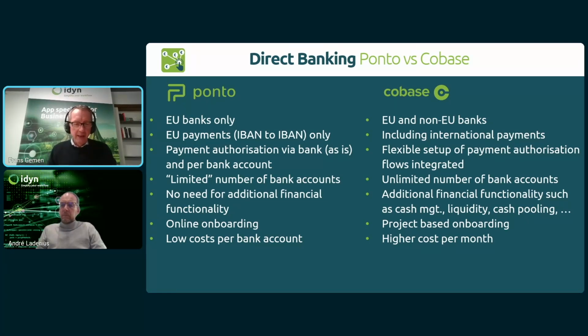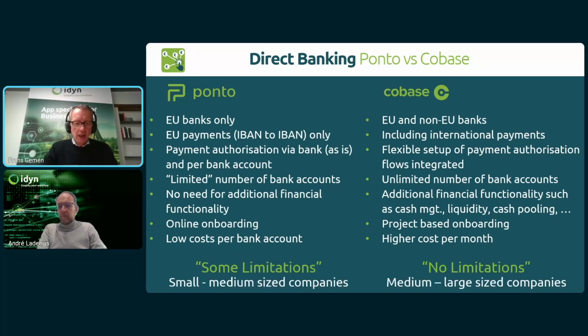From a direct banking perspective, so if you look at Business Central process, there's not a big difference for the user if you use Ponto or you're linked to the Cobase platform. So summarized, Ponto has some limitation, but mainly perfect for small and medium-sized companies. Cobase, basically no limitation, a lot of extra functionality available based on what the customers need.